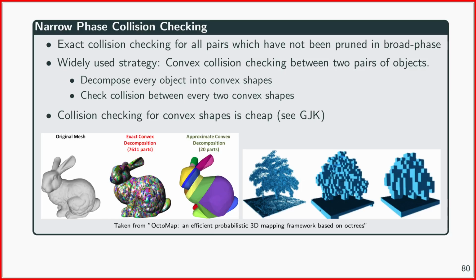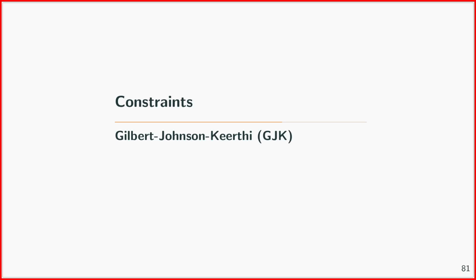Okay, so this was the general idea. We have two phases, broad phase and narrow phase. And in the narrow phase, we are trying to do collision checking between all pairs of convex objects. The way we do that is by using the Gilbert-Johnson-Keerthi algorithm, GJK.